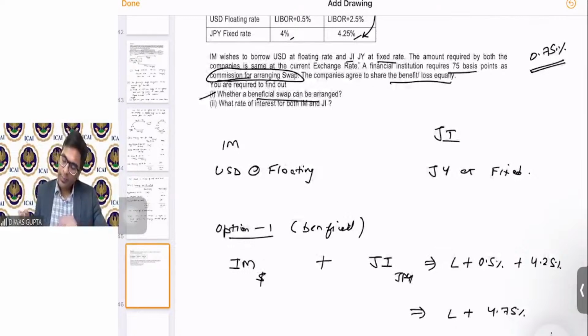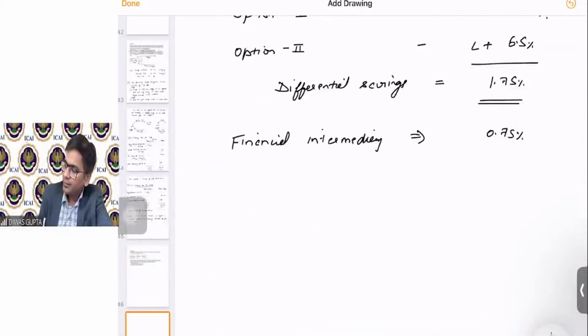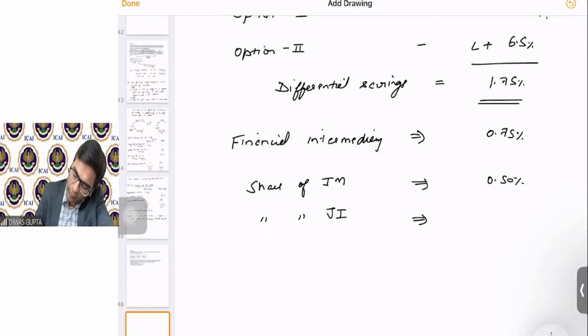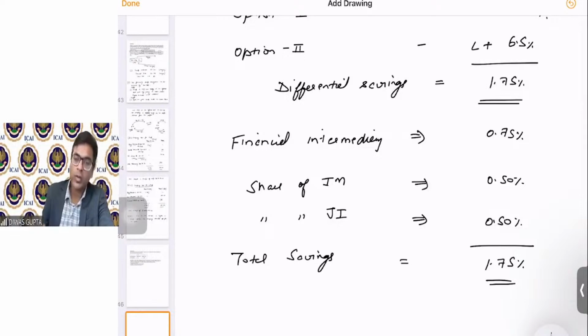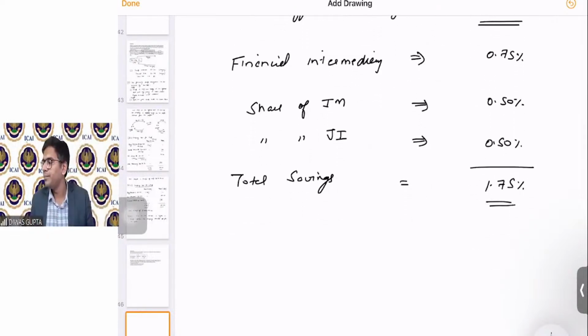Right? So, share of IM, share of JI. Okay, so this is the total savings. Okay, so this is how the distribution will happen between all of them.